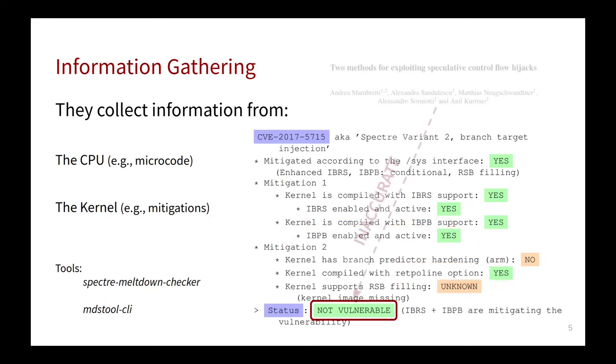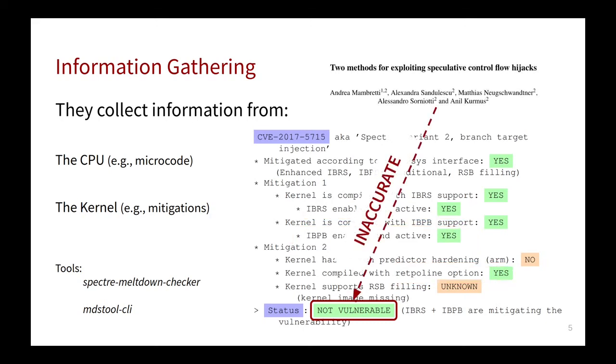However, the result is not very accurate, because in our previous work published at WOOT 2019, we were able to demonstrate that despite what Spectre Meltdown Checker is telling us, this Spectre BTB attack is still possible. The reason is that this tool, as well as MDS tool client, focus only on one use case of the ones I previously described.